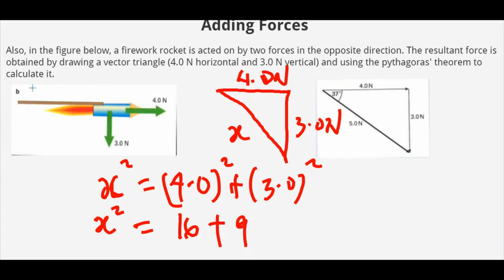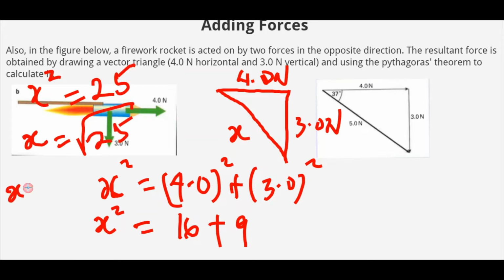X squared is equal to 25. So what will be the square root of 25? X now is equal to what? 5.0. With that, the longest side will now be 5.0 Newton. This 5.0 Newton gives us the resultant of the force that is acting on the rocket.